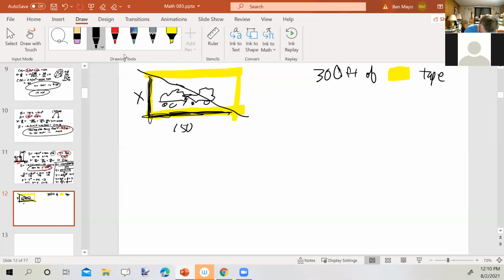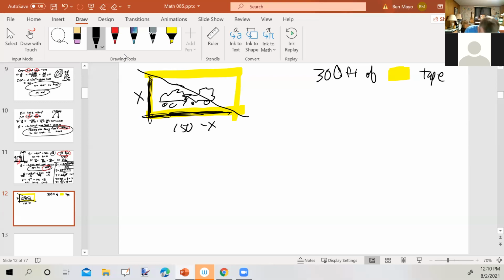This would be 150 minus X. So the rectangle, 300 feet around it, half of it, 150. These two sides are 150. If this is X, we have X, we have 150, then we take away X, we have 150 minus X.